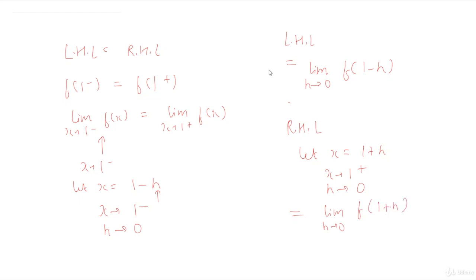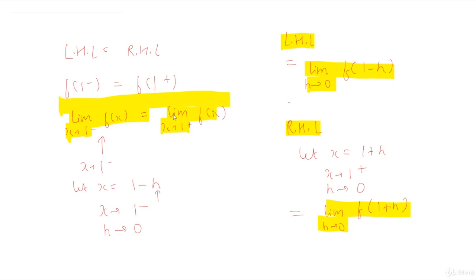So this is another way of writing the right hand limit and the left hand limit. But from now on we will be considering the earlier notation. I was just introducing you to another way of writing the left hand limit and the right hand limit, and we'll be sticking to this notation.